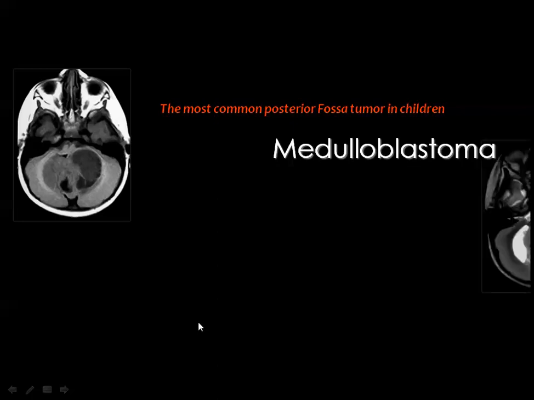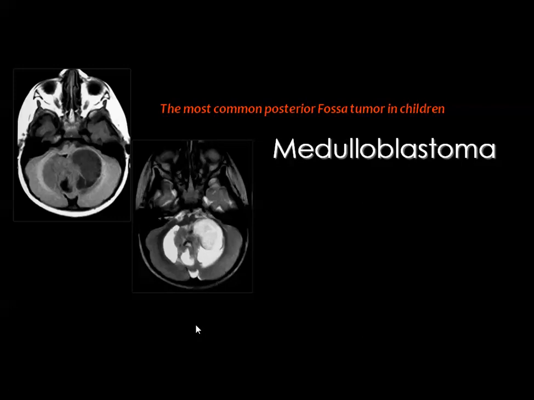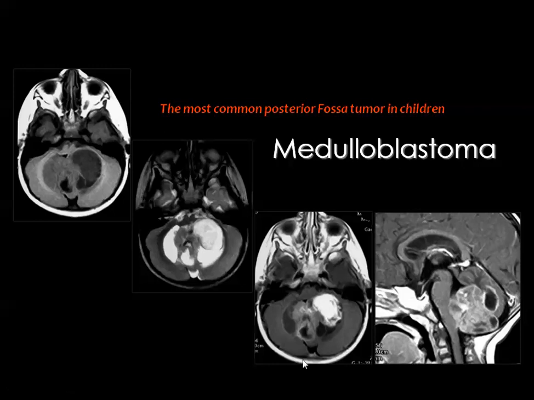This is a case of medulloblastoma showing cystic changes of low signal in the T1, high signal in the T2, and the solid component will enhance heterogeneously after injection of contrast. And in the sagittal images, you can see the tumor filling and encroaching on the fourth ventricle, and you may see this part of the fourth ventricle unobliterated by the tumor. This is a case of medulloblastoma by CT.